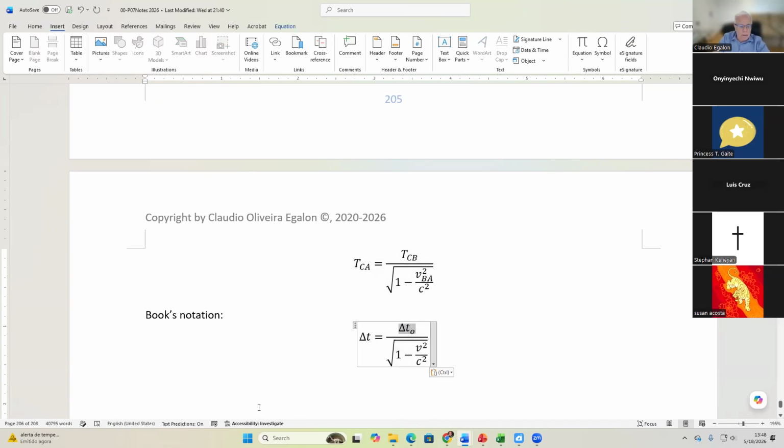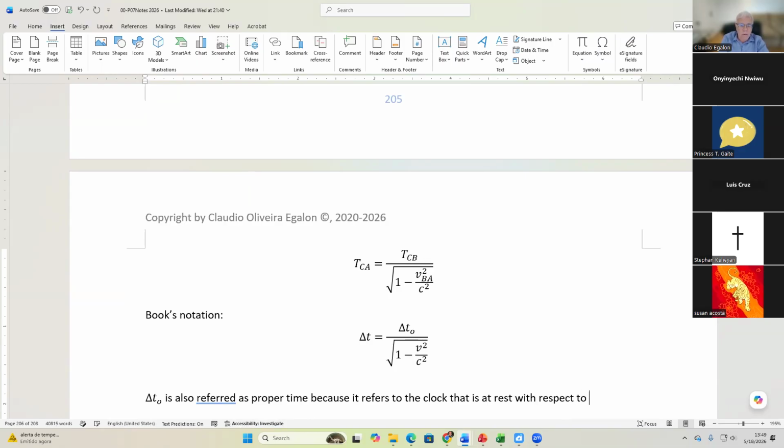Delta T naught is also referred to as proper time, because it refers to the clock that is at rest with respect to a given referential.